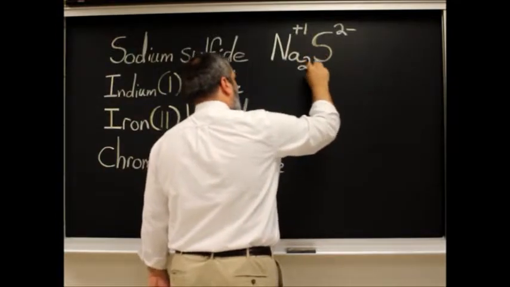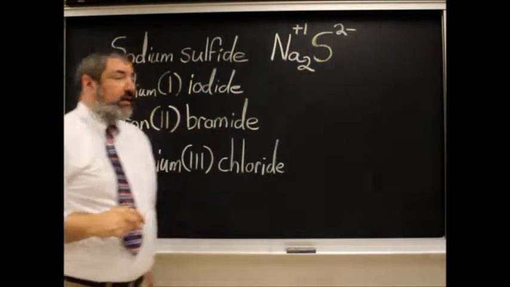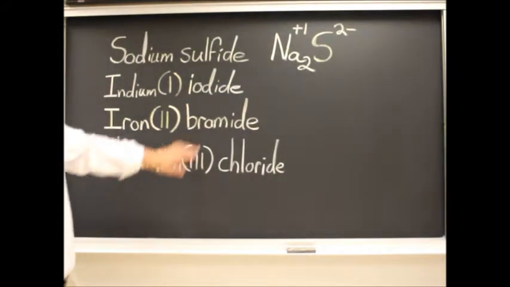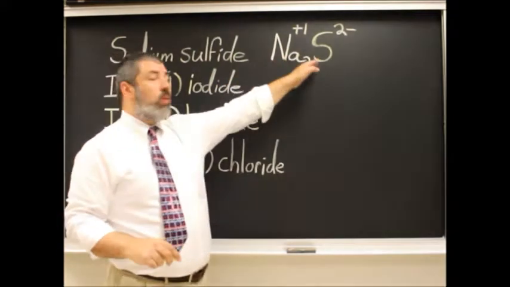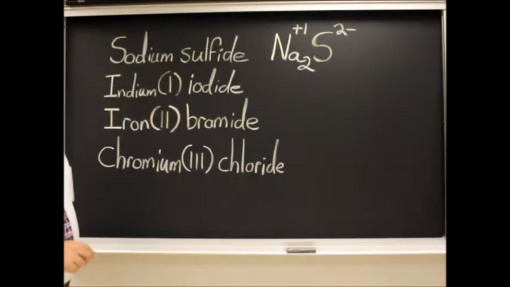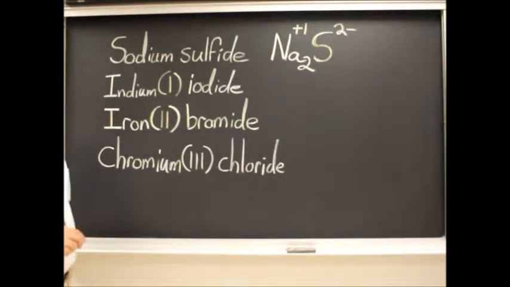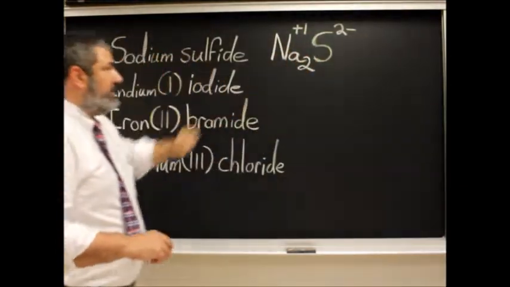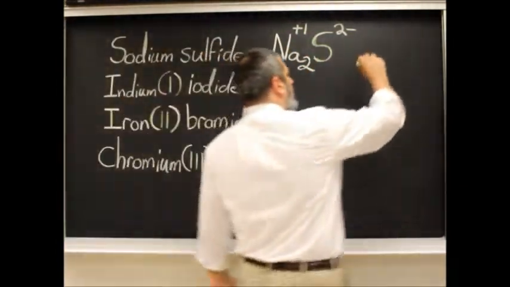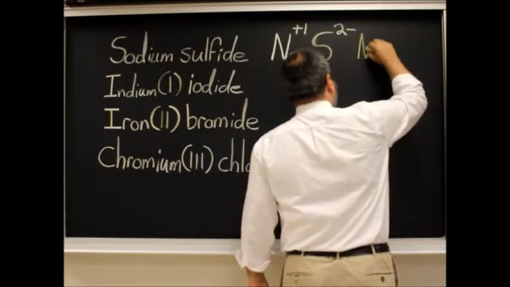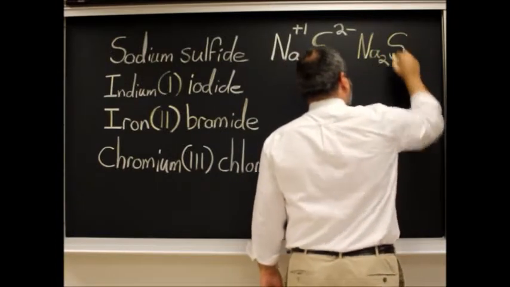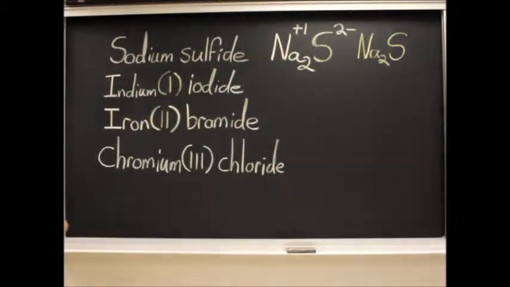I'm not going to do that right now. We covered that in class. The lowest common denominator is 2, so 2 sodiums, 1 sulfur, and that gives me Na2S, sodium sulfide. You can leave the charges or erase them. They don't matter. If you want to make it look cleaner, you can just rewrite it like that, which is fine.